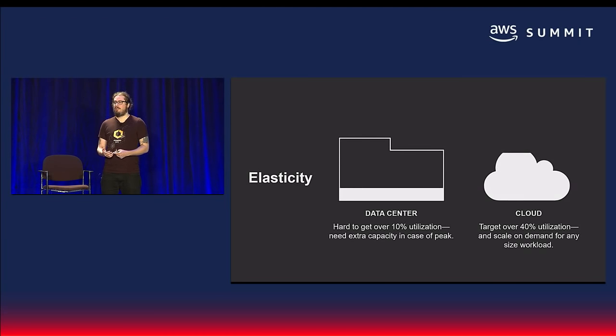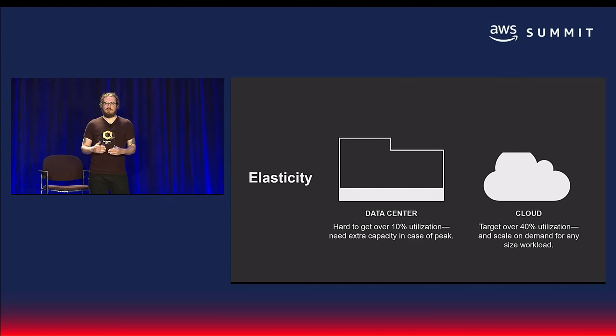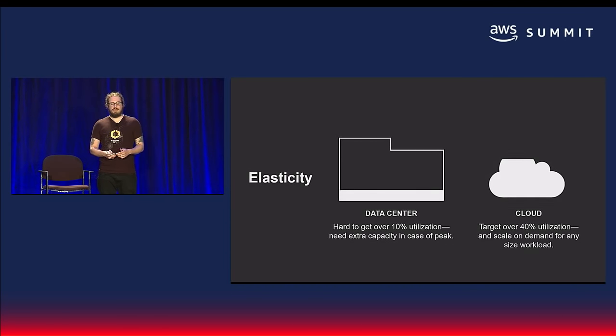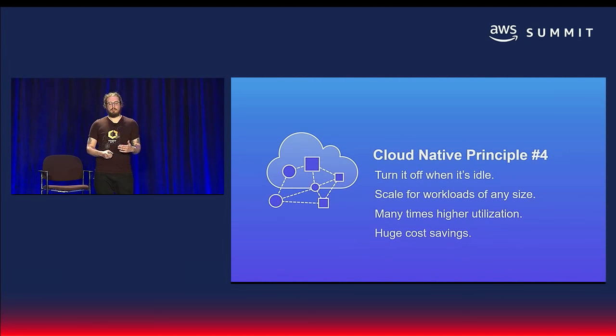The reason why they're able to do this is because they're confident that whenever they need another instance to run their application on, they can just add it to the pool of available resources, and when they don't need it, they can remove it, and they can play much closer to that margin when they want to. And this has some significant benefits. It's the reason why it's cloud native principle number 4.